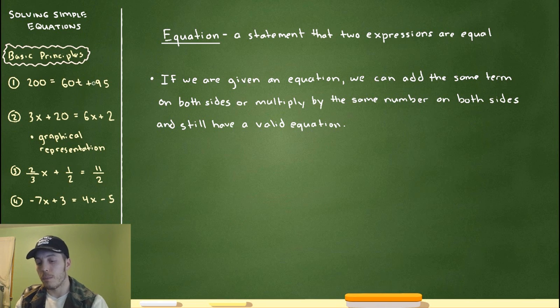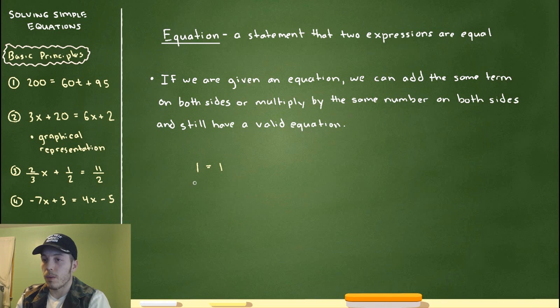Now let me give you a very basic equation, something that's obviously true. If we take something like 1 is equal to 1. Now this is obviously a true statement, right? Well, what if we wanted to manipulate this equation in some method? Well, we do have the tools to do that.